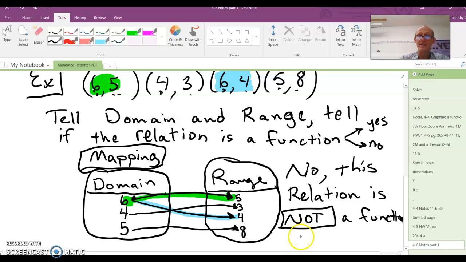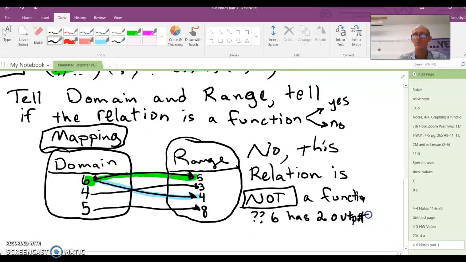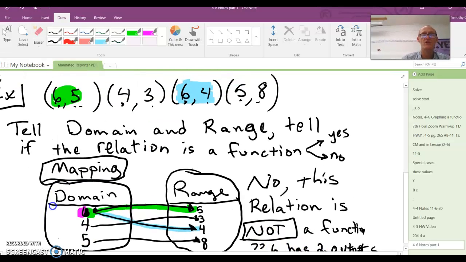Why? 6 has 2 outputs. If an input, or a part of the domain, has 2 outputs, like 6 does, then the relation is not a function.